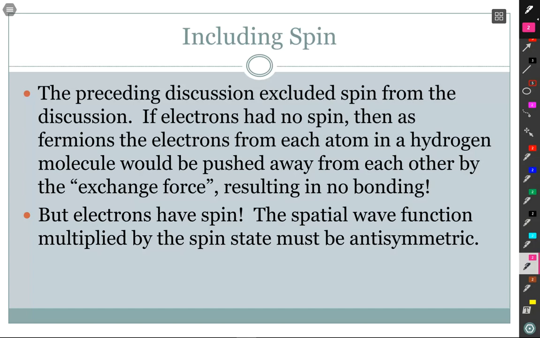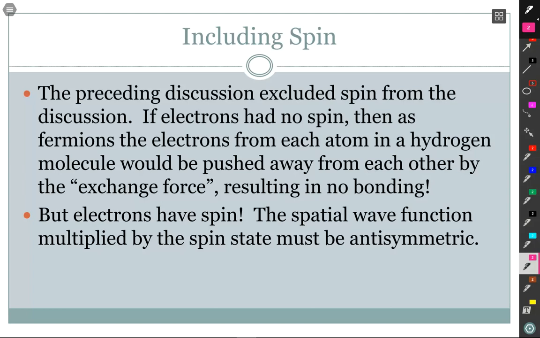What was the difference in the singlet state and the triplet state? The triplets, they had different spins. Okay, the triplet state, we had a spin of 1, and it was symmetrical. That's the key we're looking for here. The triplet state was symmetrical, and the singlet state was anti-symmetrical.